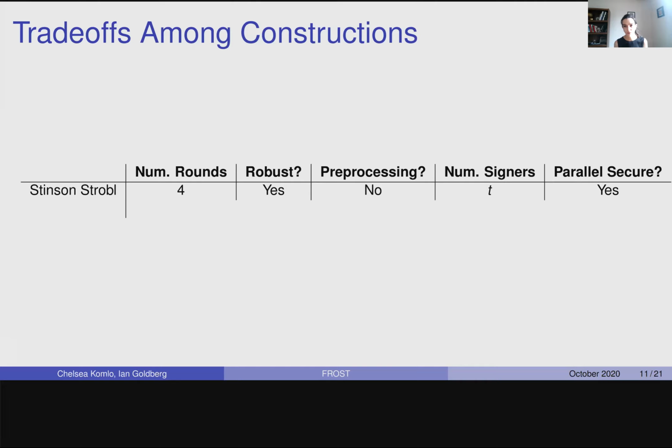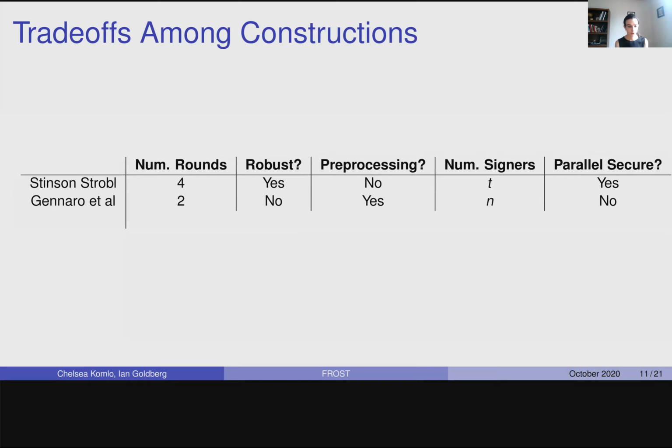However, it does allow for T number of signers, and it is secure in a parallel setting. So another Schnorr-based threshold signature protocol is by Schnorr et al., published a little after Stinson-Strobel. And this only requires 2 rounds. It's not robust, so it does require aborting the protocol if any misbehavior occurs.